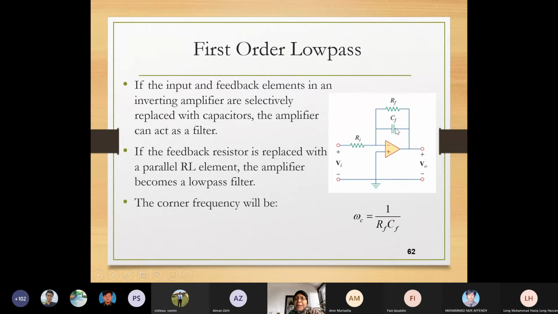When you see a capacitor in the feedback, the filter becomes a low pass filter. The corner frequency, corner meaning cutoff frequency, is omega C equals 1 over RC.